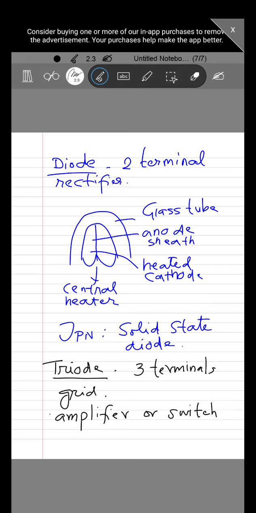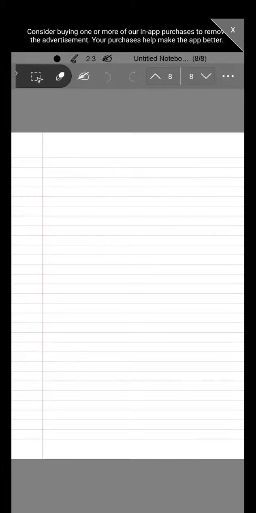And like the PN junction is a solid state diode, a transistor can be called a solid state triode. Now, bipolar junction transistors: there are two types of transistors.